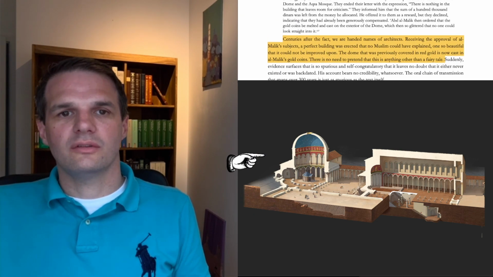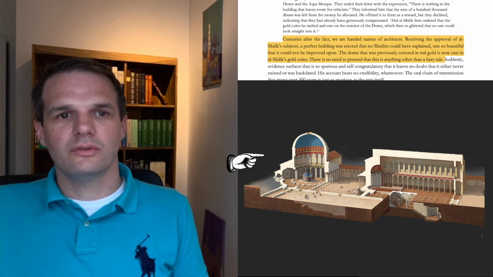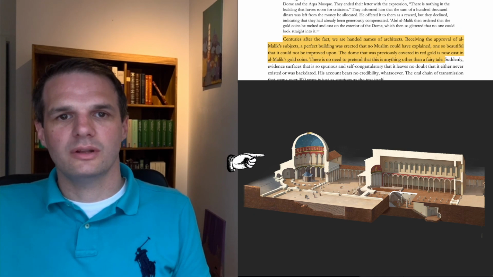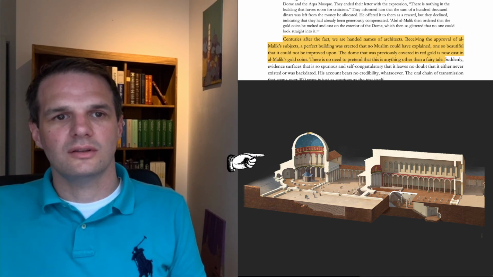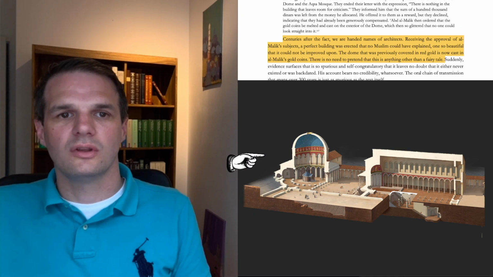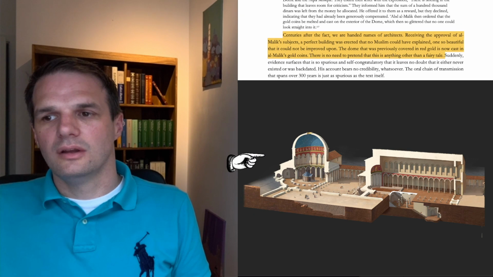So centuries after the fact, we are handed names of architects. Receiving the approval of al-Malik subjects, a perfect building was erected that no Muslim could have explained, one so beautiful that it could not be improved upon. The dome that was previously covered in red gold is now cast in al-Malik's gold coins. There is no need to pretend that this is anything other than a fairy tale.